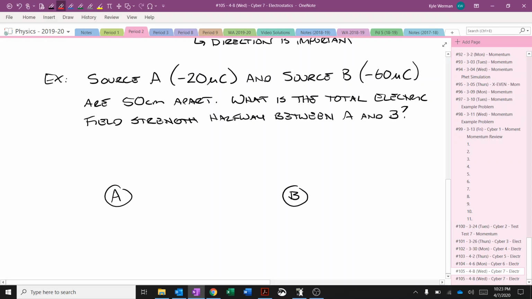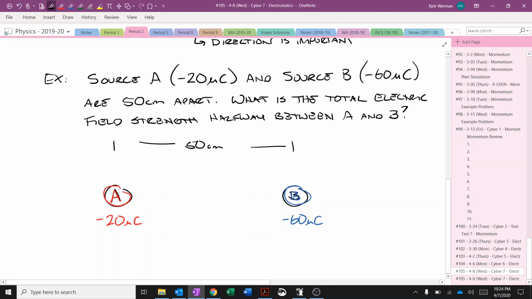Now, I'm also going to color code this. I think it can help visually, but that's not that important. But in OneNote, I had this flexibility. We know that charge A is negative 20 microcoulombs, and charge B is negative 60 microcoulombs, so a little bit stronger field. And we know that these charges are 50 centimeters apart.